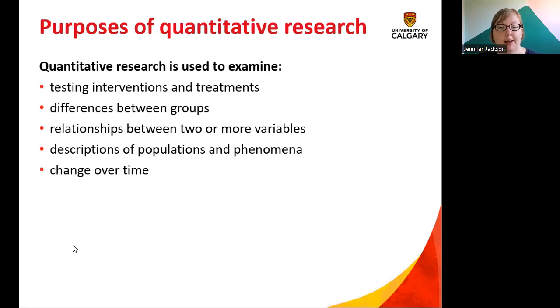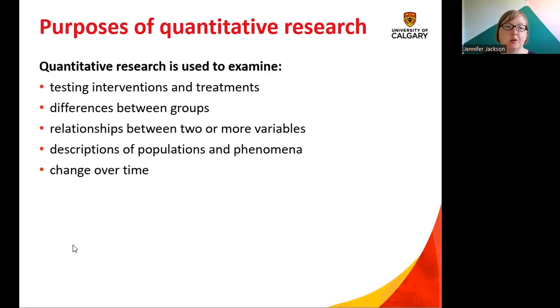We can look at populations over time and changes of populations over time. So those types of studies might be, what are the number of people with COVID-19 across Canada, across the United Kingdom, and how did that unfold month by month, week by week, and we can look at how that change occurs over time.